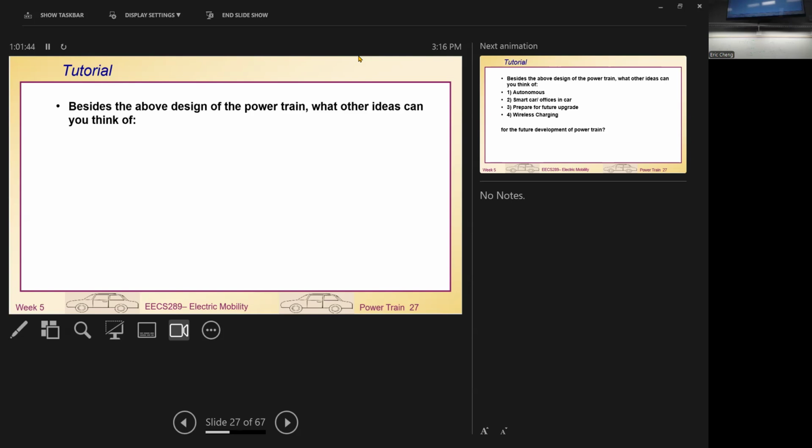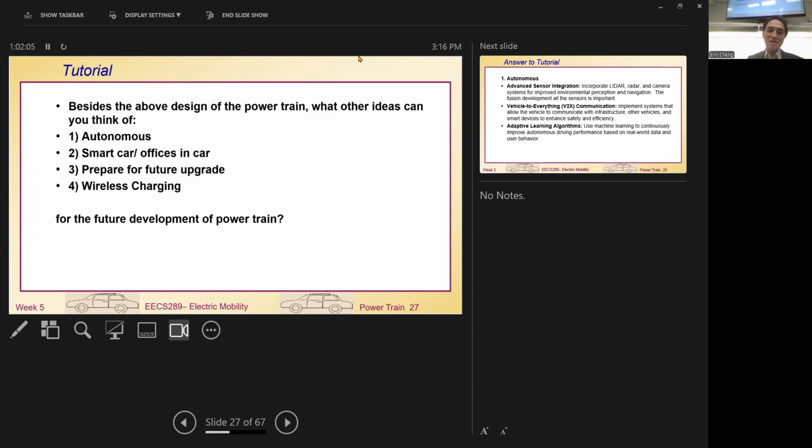But anyway, what other powertrain design do you think we need to consider? What do you think? You don't have any fixed answer. It can be anything. Anything that can be important can be the next design criteria.